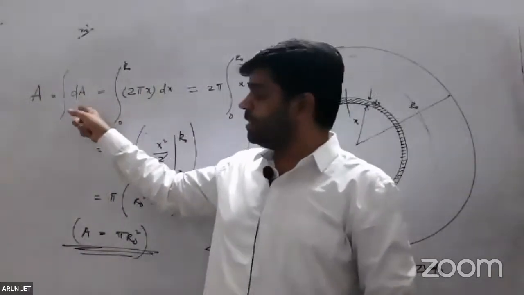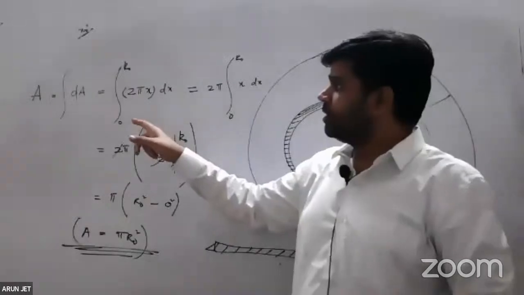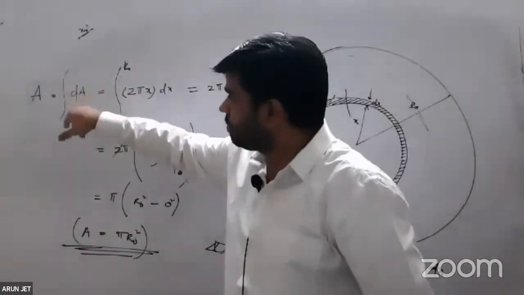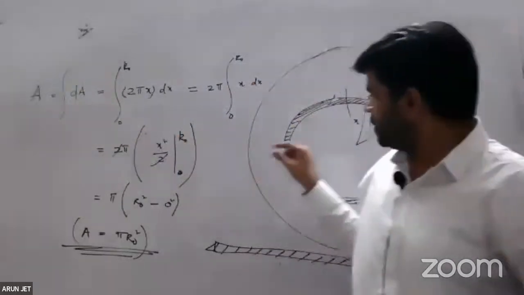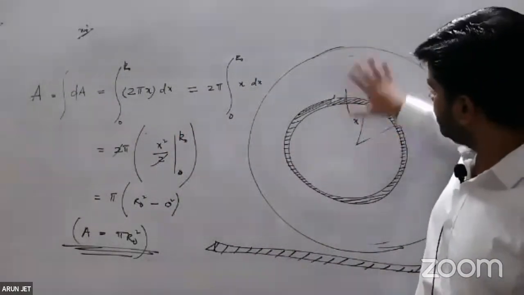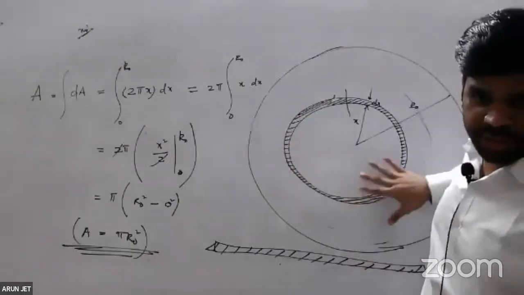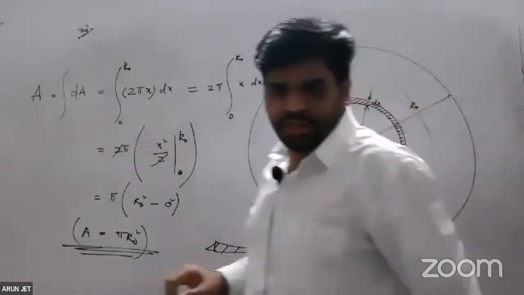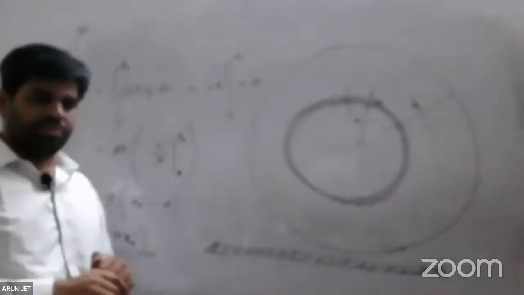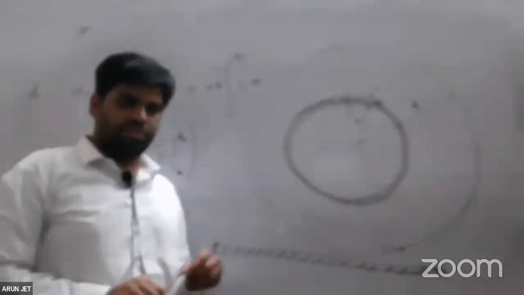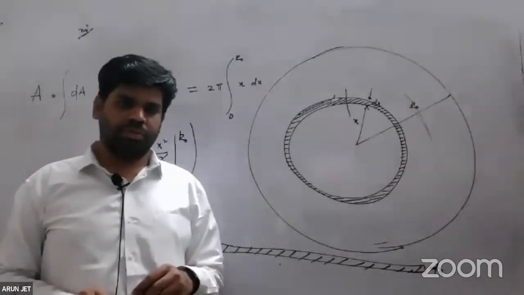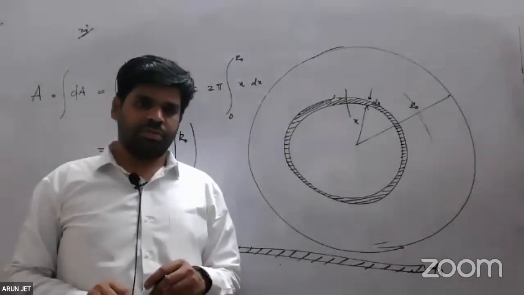When I integrate these infinitesimal areas, when I sum up, this integral sign comes from sigma, sum, S. It's an elongated S. When I sum up all these small areas, what I get is the area of a circle. Right? Is it clear?